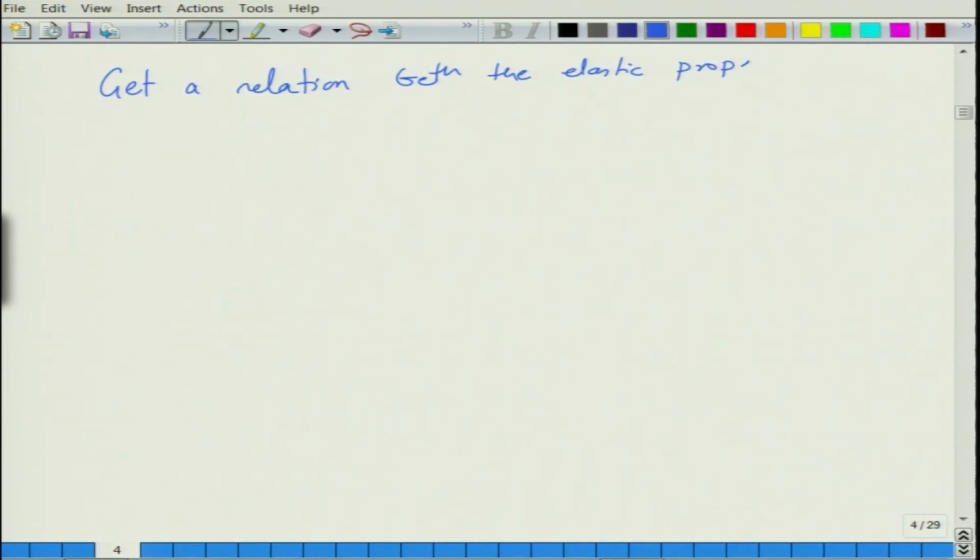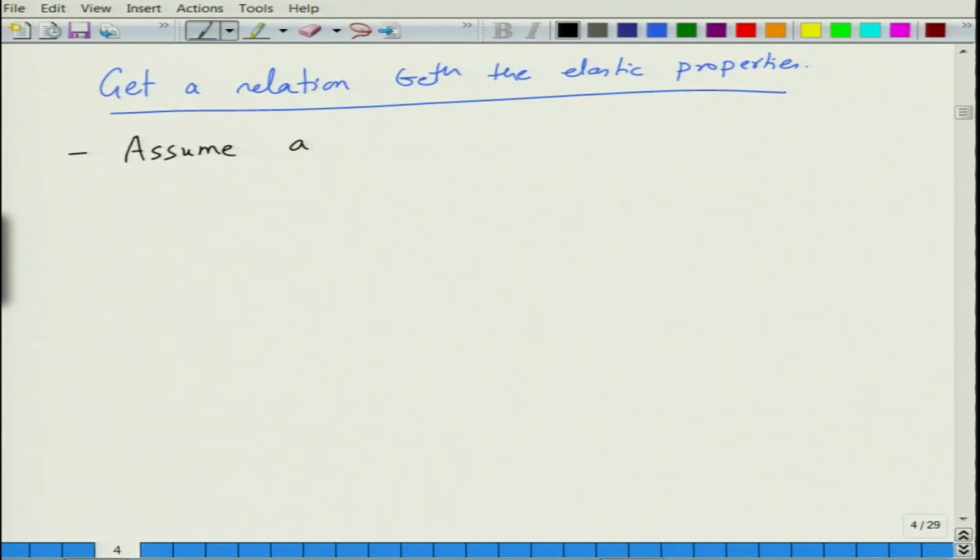So, for example, how do you relate, let us say, the shear modulus and the bulk modulus? For this, what we do is that we first consider the state of pure shear. So, assume a state of pure shear.